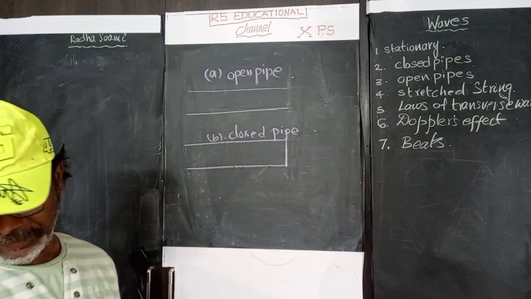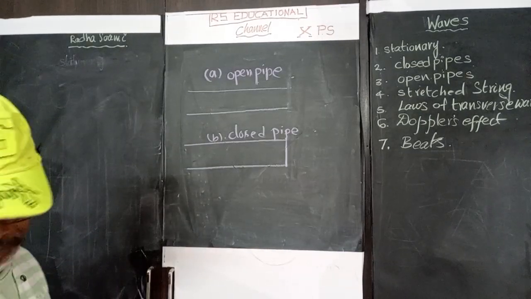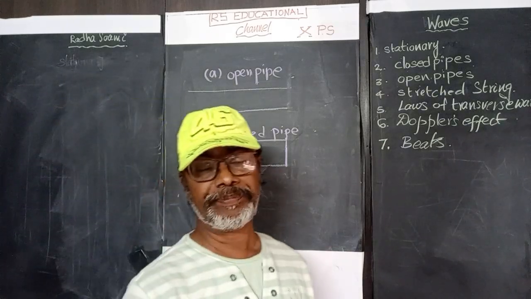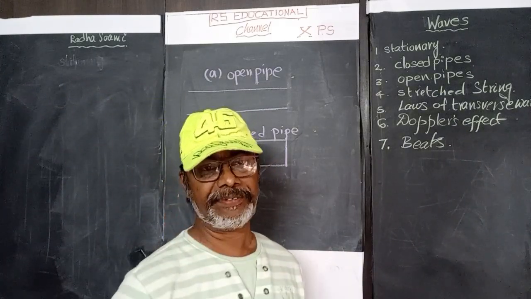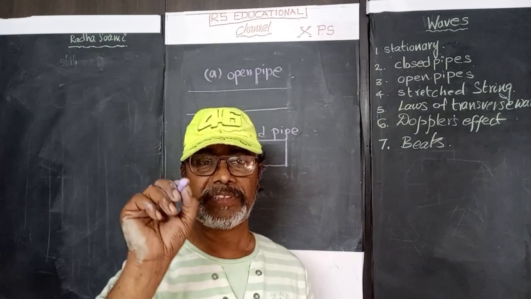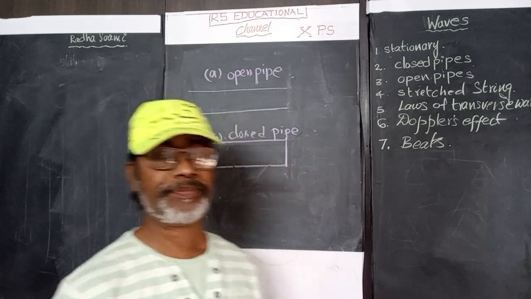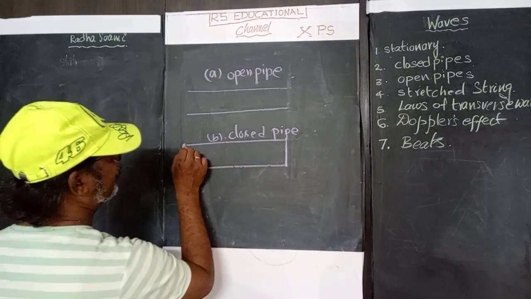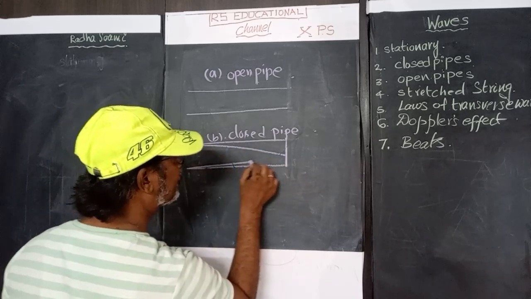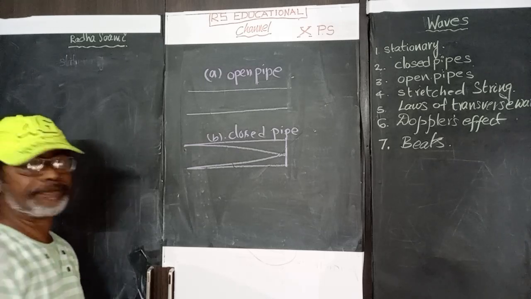Then what happens? These types of pipes are formed. In a closed pipe, always one end is an antinode and the other end is a node. So, since this is a closed pipe, we get this type of diagram.